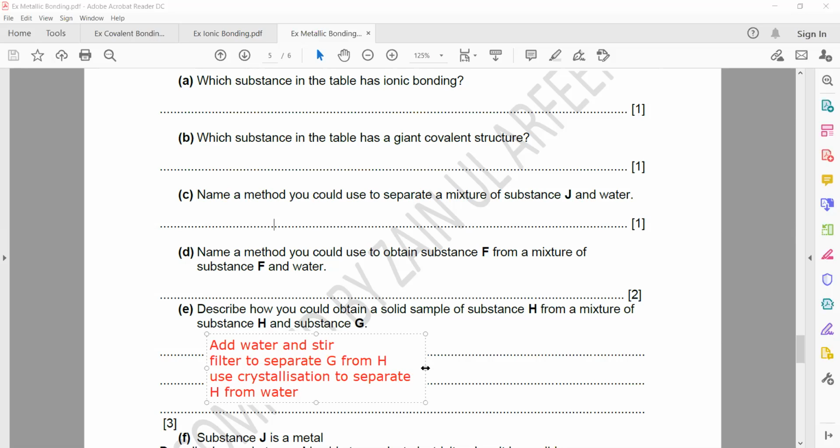So first we add water, we stir, and we filter to remove G. G will be the residue and H will be the filtrate, and then use crystallization to separate H from water. Is it clear? Any doubt in this?